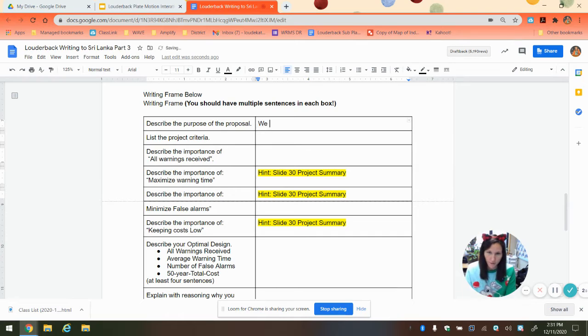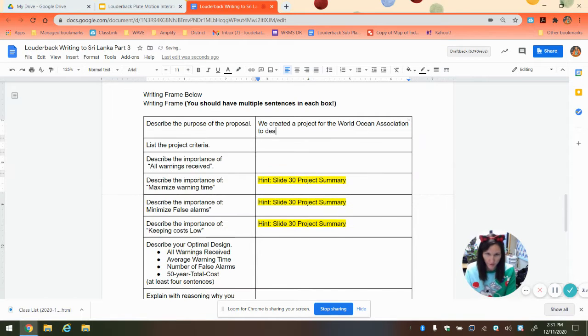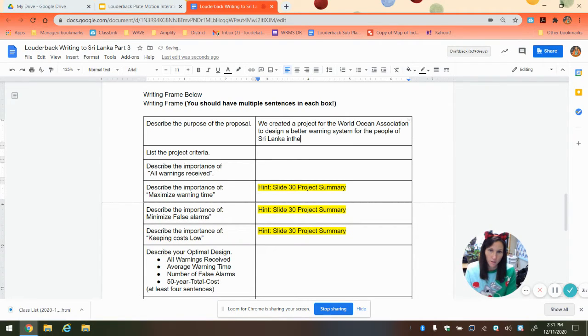So here we're going to add that we created a project for the World Ocean Association to design a better warning system for the people of Sri Lanka in the event of a tsunami.